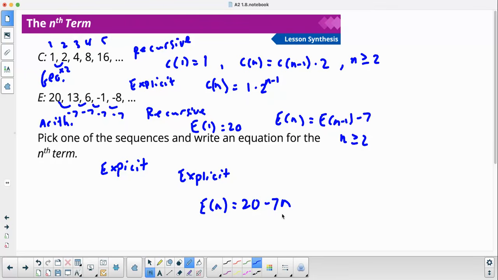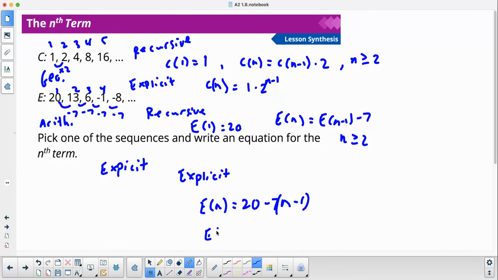Well, actually, that wouldn't work, because to get to the second term, I really only want to subtract one 7. I don't want to subtract 2, because this is term 1, term 2, term 3. So it's actually going to be 1 less. So it's going to be 20 minus 7 times n minus 1.